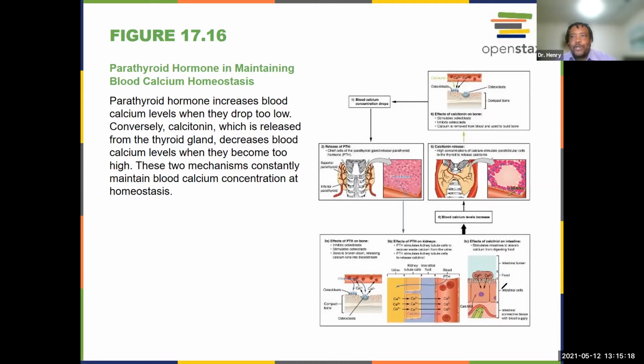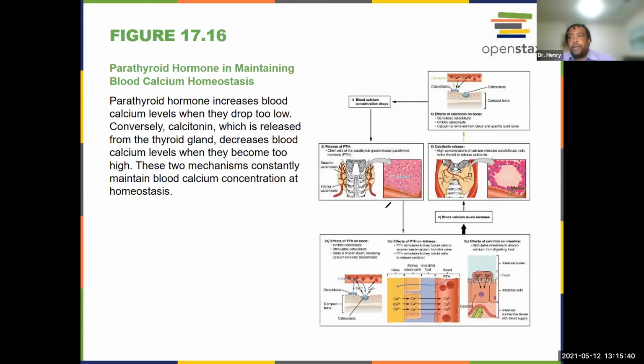Okay, so we'll go through it real quick since it's fresh. Normally, if we have low blood calcium, then the parathyroid gland will release parathyroid hormone.